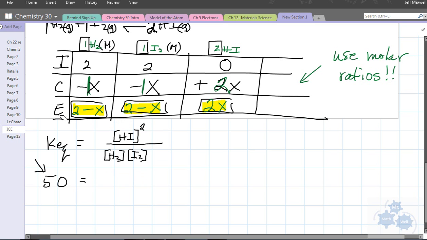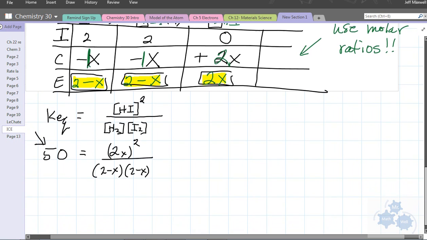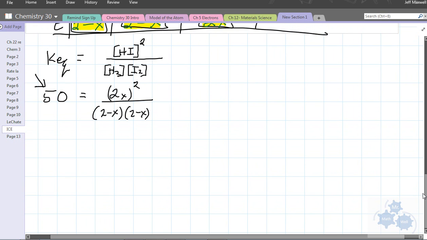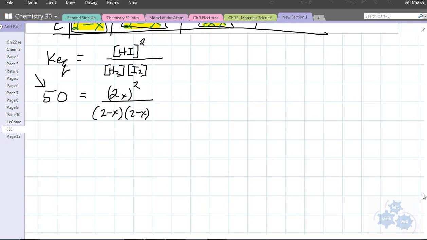So 50 equals 2x all squared divided by 2 minus x, that's the expression for H2, times 2 minus x, the expression for I2 from the chart. Following me? Okay, good so far?